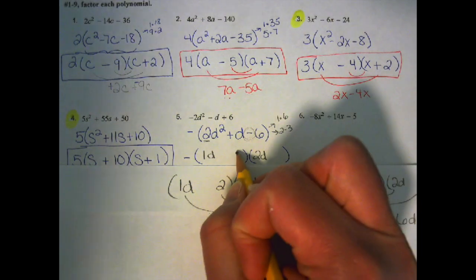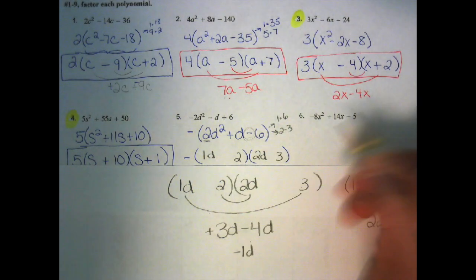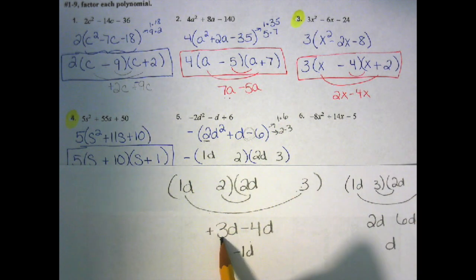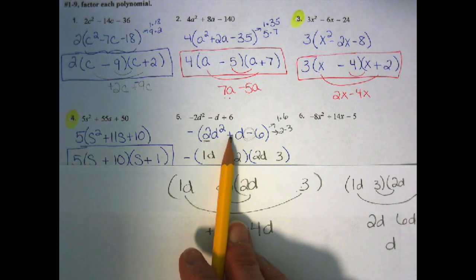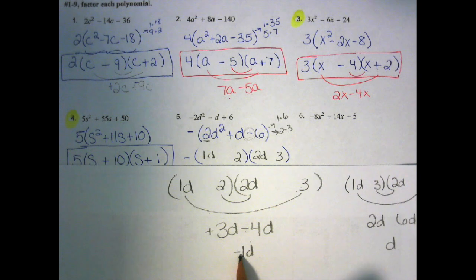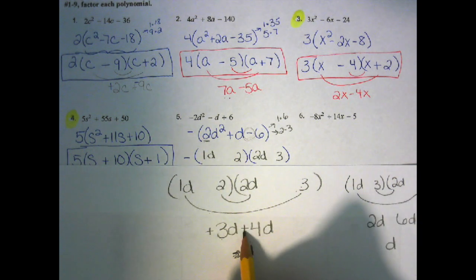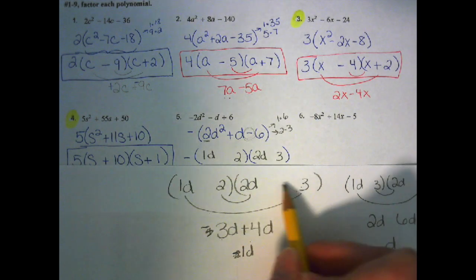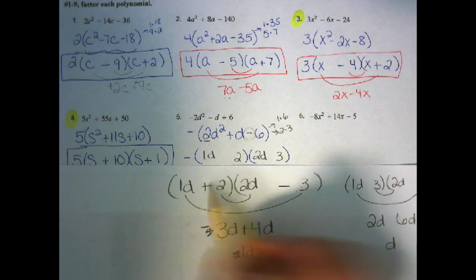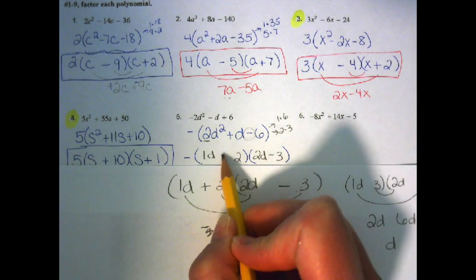So let's put the 2 here and the 3 here, and we already know that we checked the outer and we checked the inner, and then we want this to be a positive D. See how I have the wrong one here? I was probably looking at the original. I want the 4 to be positive and the 3 to be negative. So 3 negative, 4 positive.